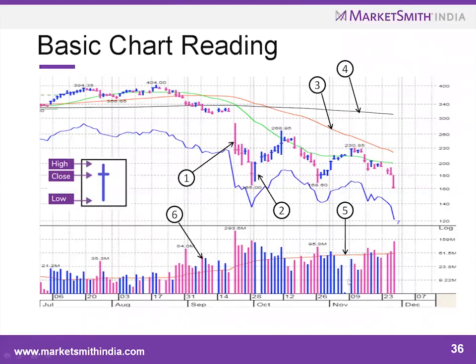Basically, it means that if a stock is going up on above average volume, there is a lot of institutional buying in that particular stock, because 80% of the buying is done by the institutions. On the other hand, if the stock is falling down on pretty low, below average volume, that means volumes are drying up. Ultimately it means the retail guys, some traders, are moving out of the stock.